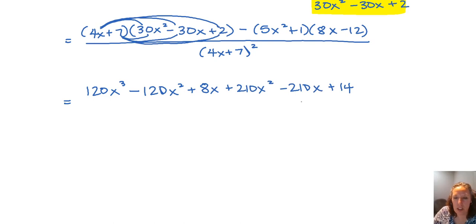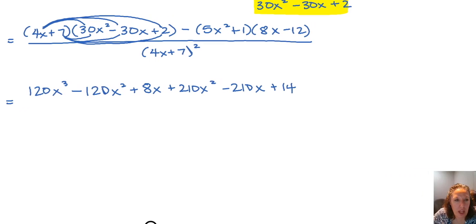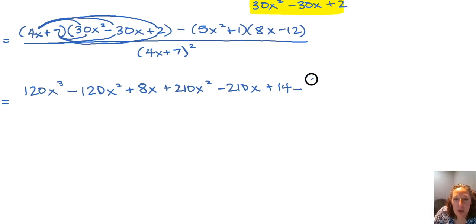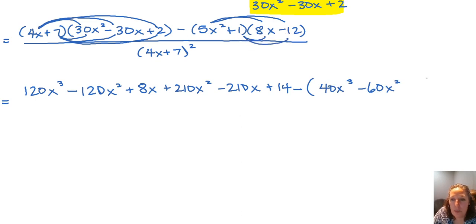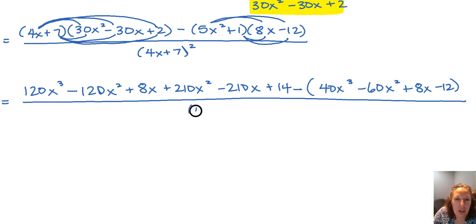I'm going to run out of space here. Now we need to multiply. I'm going to put minus and then open parentheses because I do want to subtract this whole thing. Distribute 5x squared to 8x minus 12, and we get 40x cubed minus 60x squared, and then distributing 1 to both of those, we get plus 8x minus 12. This is all still over 4x plus 7, quantity squared.